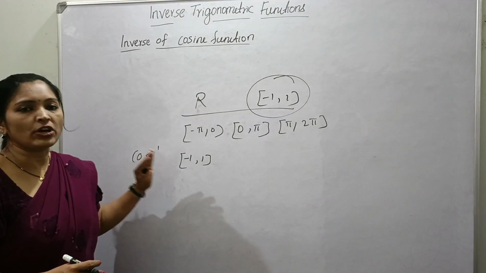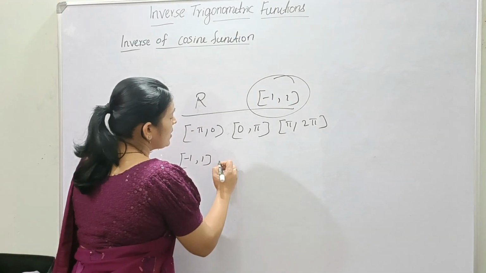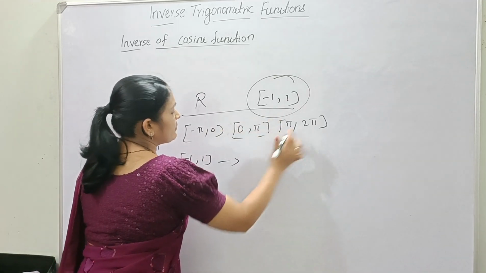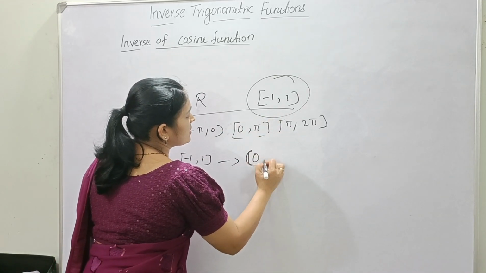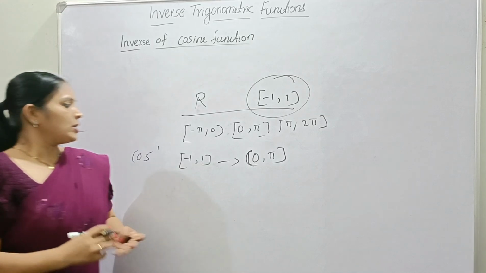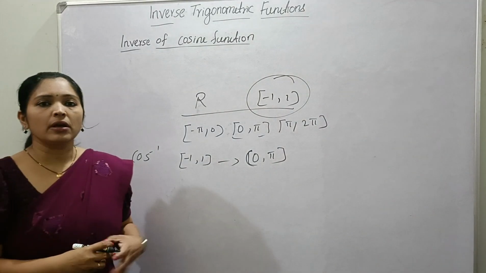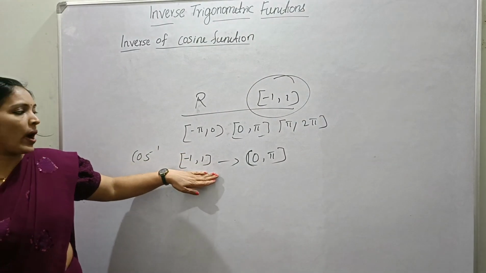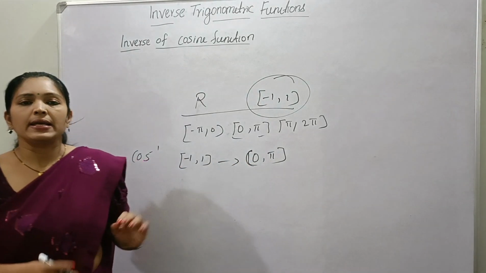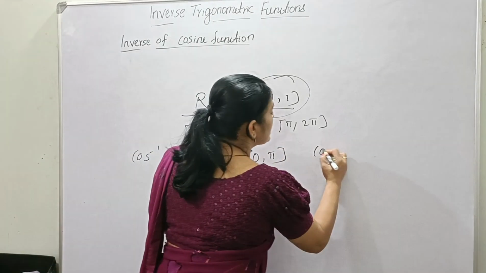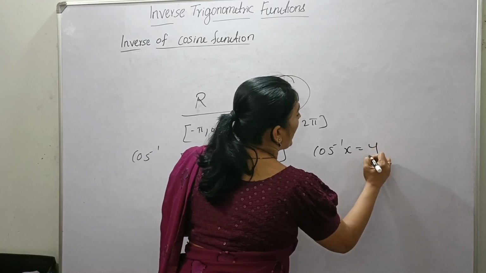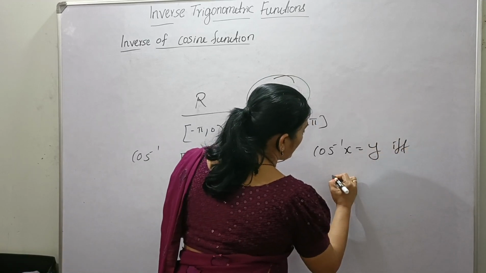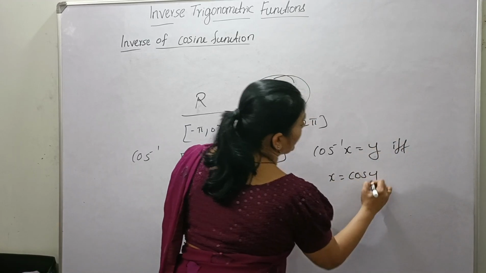Cos inverse is a function from minus 1 to 1 to the interval 0 to pi, such that cos inverse x is equal to y if and only if x is equal to cos y.